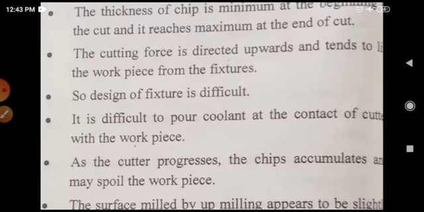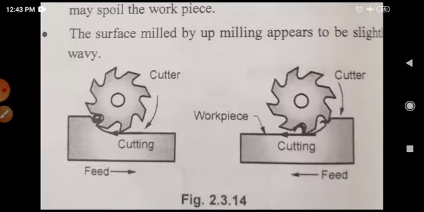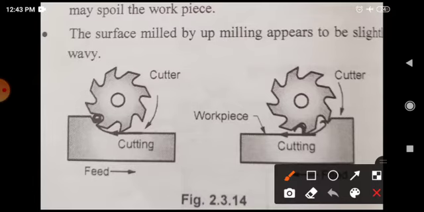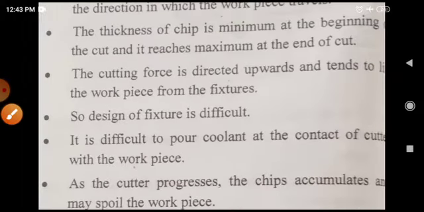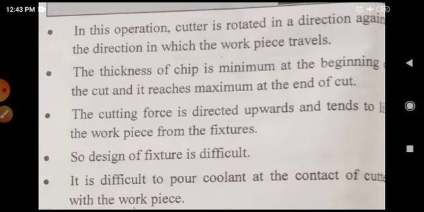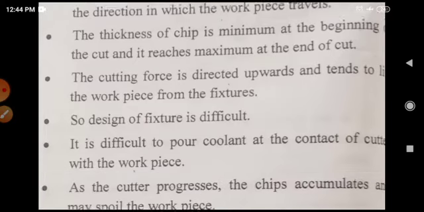The cutting force is directly upward and tends to lift the workpiece from the fixture. The tool will try to lift this workpiece, as it is applying force from here. That's why firm clamping is required for this type of milling. So the design of the fixture is difficult.